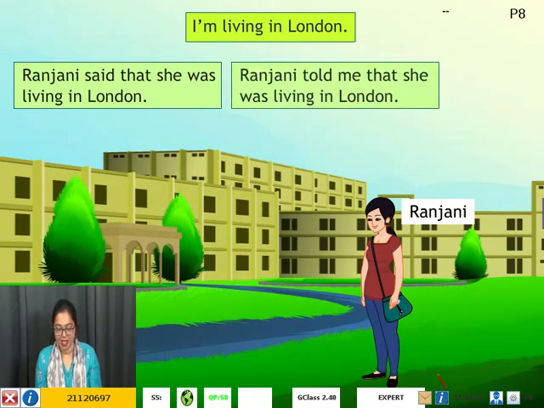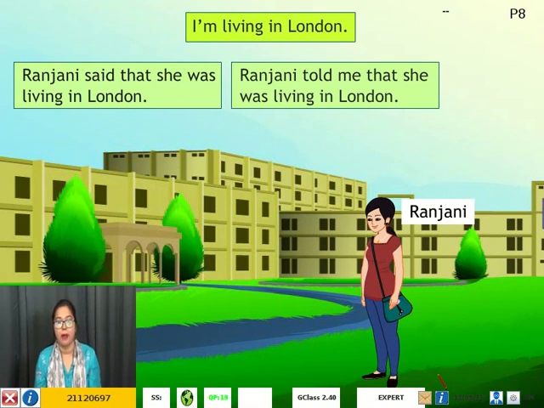Another sentence is, Ranjani told me that she was living in London. So this is another sentence which is coming up on the screen, you can see. This direct speech, I am living in London, can be converted into two different types of indirect speech.